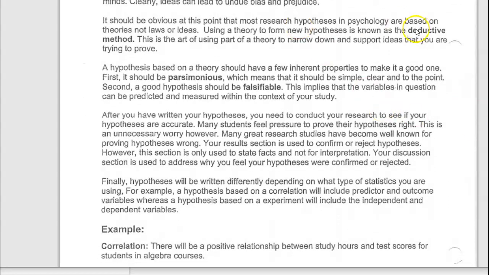Now, we use a deductive method. What does that mean? We start with something general and we try to deduce it or reduce it down to something concrete. So perhaps you're thinking for your topic that people who play a lot of video games are also aggressive if they play aggressive type video games.